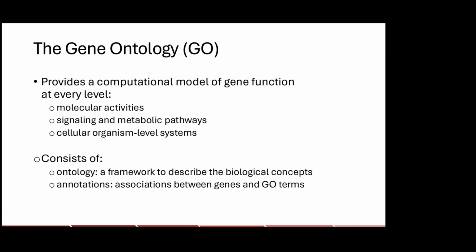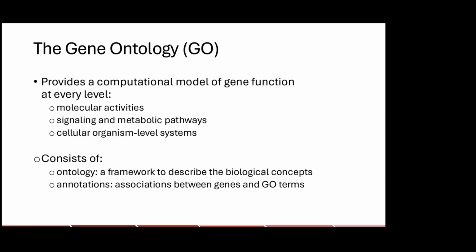So the gene ontology product consists of two parts. One is the ontology itself, which is the framework by which we describe the biological processes and how they're linked, and the annotations, which are the associations between genes or gene products and GO terms. And so different databases either represent gene objects or gene product objects. Okay, so that's a little bit technical, but just so you're aware of that, keep that in the back of your head.